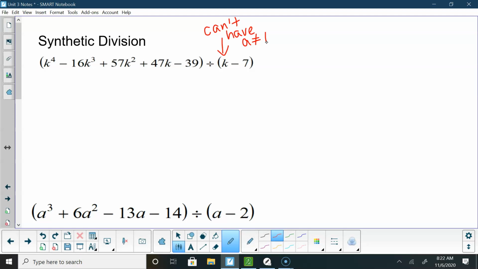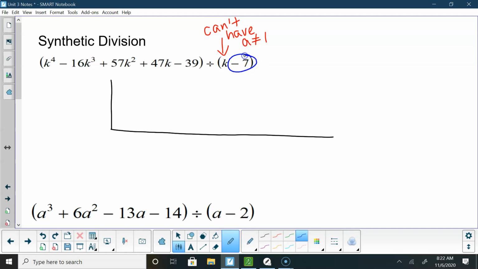Ready? Draw a giant L on your page. So, here's what happens.